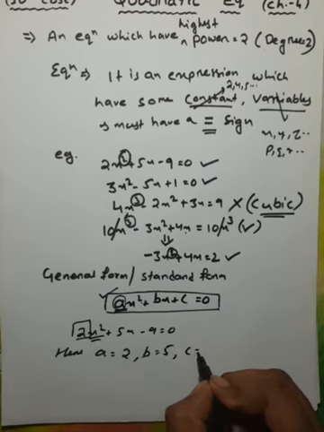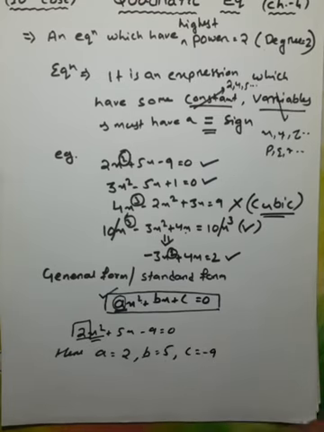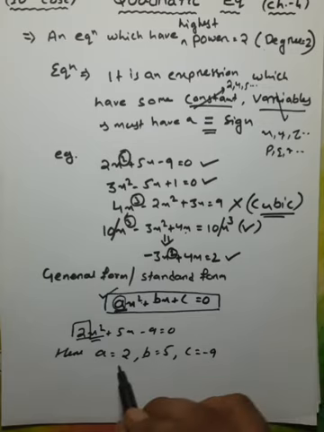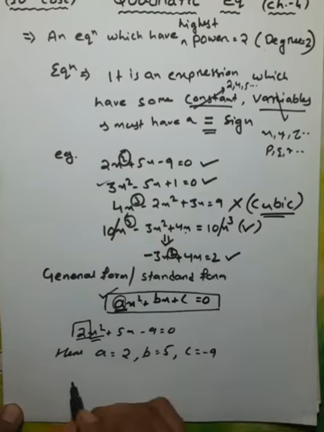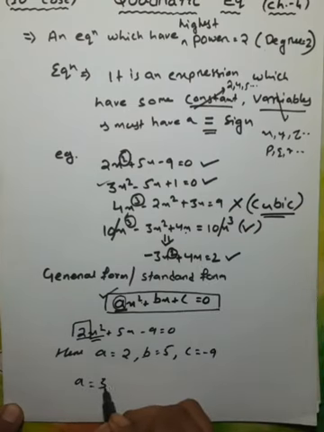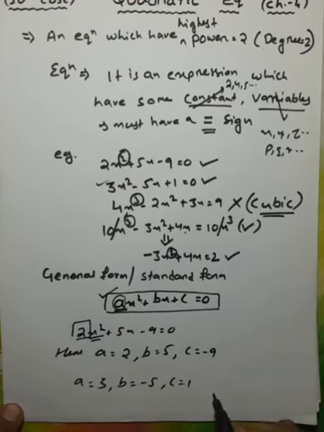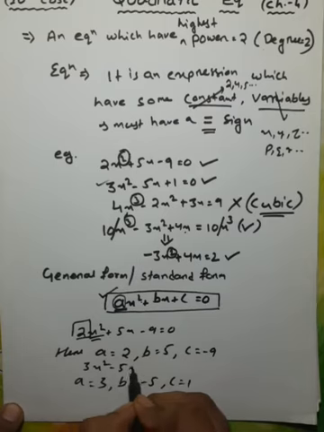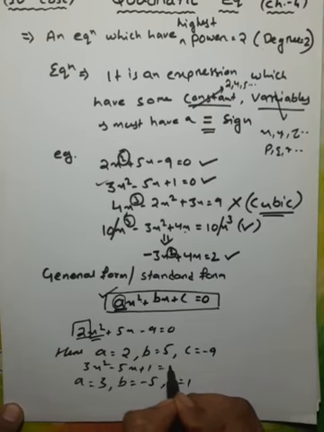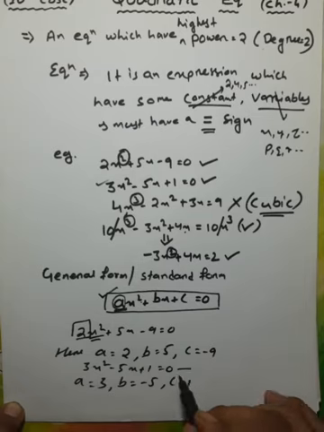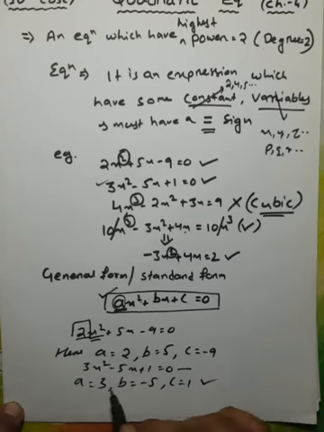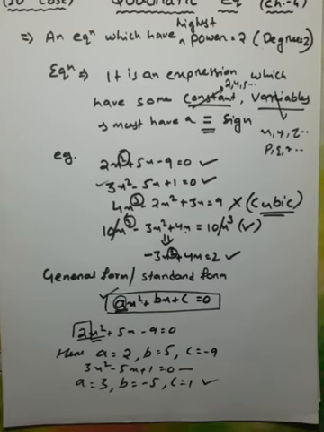Then c is minus 9. In this way you can find a, b and c. Let's take another example: 3x square minus 5x plus 1 is equal to 0. In this equation, a is 3, b is minus 5 and c is 1. Hope you understand this much.